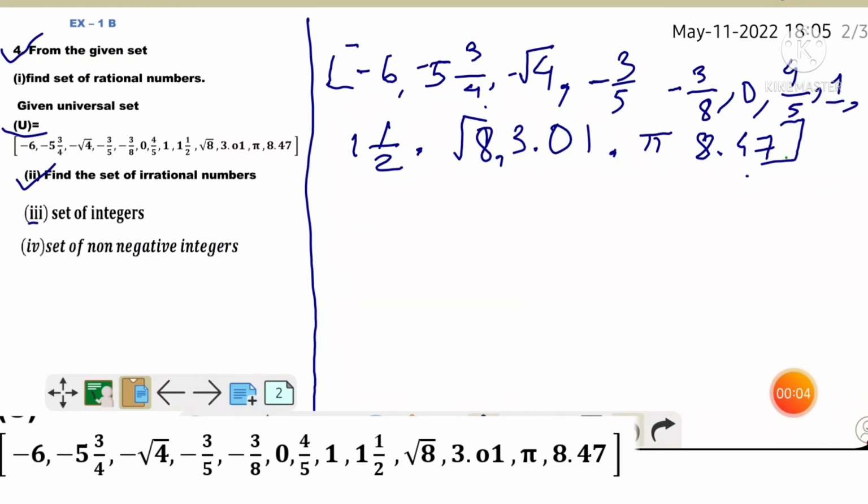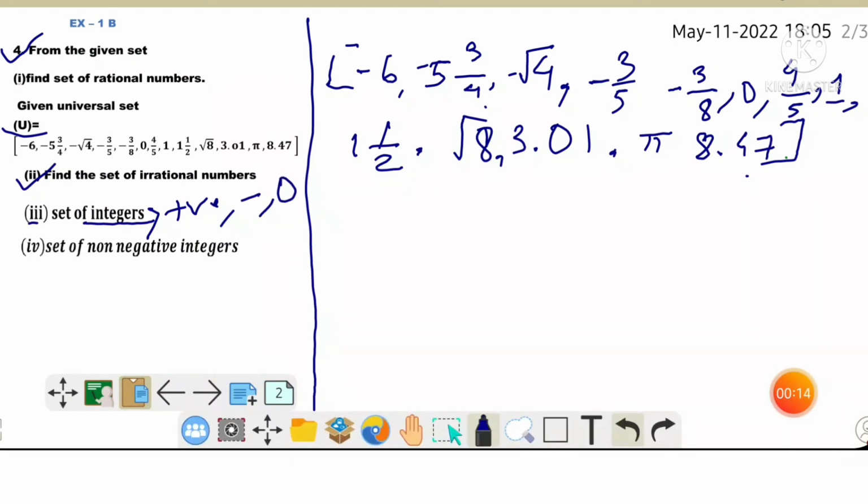because it has non-terminating decimals and they are not recurring. Next, question number 3, we have to find the set of integers. As you have already seen, the integers are positive, negative, and 0. So they are -6. This is not an integer because it cannot be represented in the form of p by q. Minus root 4 is also an integer because it has the value -2, and 0, 1.